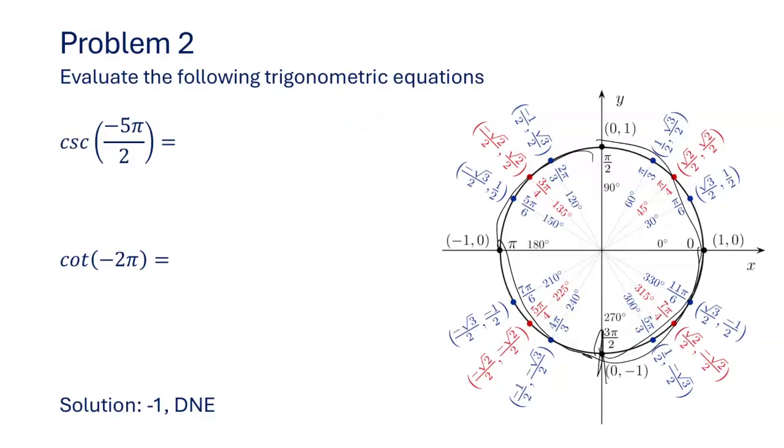And since it's cosecant, we know that is just the same as 1 over sine of negative 5 pi halves. So when we look at the sine value on our unit circle of negative 5 pi halves, we're just going to get negative 1. And the hypotenuse of that is 1.